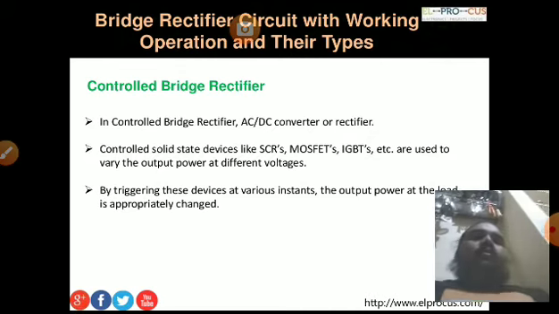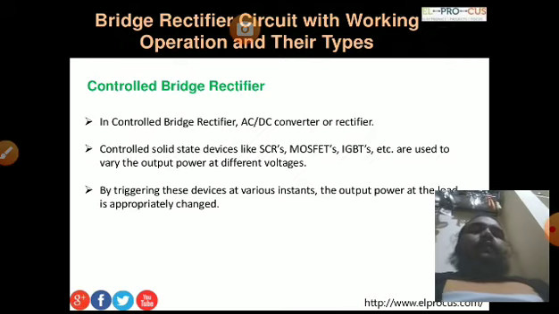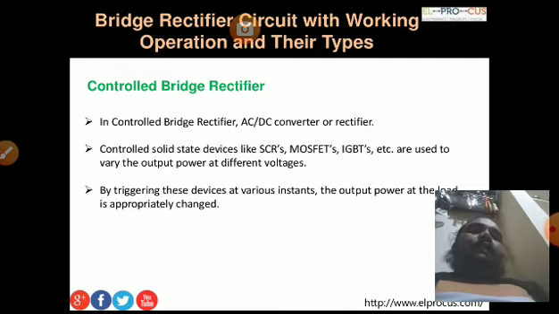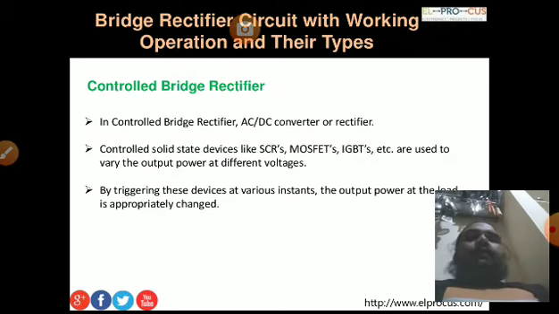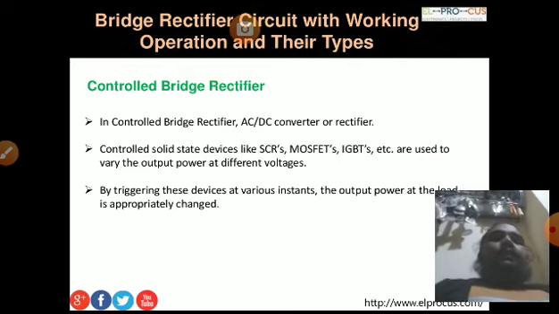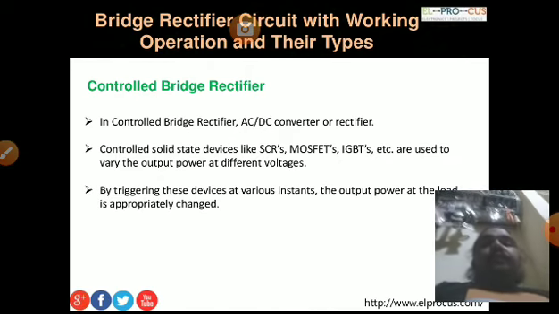PN junction diodes or SCRs are used in the rectification process. Rectification is changing AC current into DC current, or AC voltage into DC voltage.